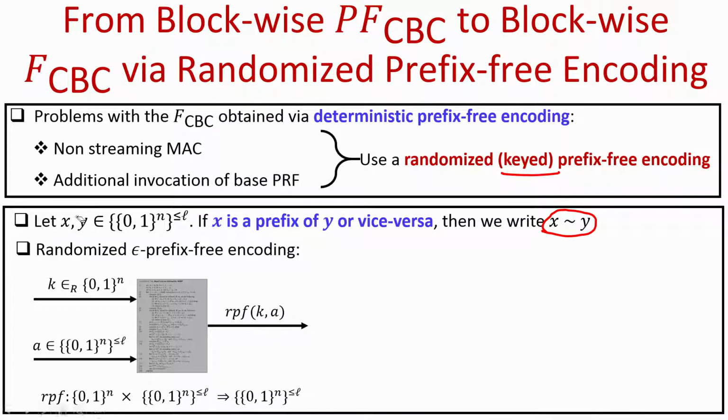Now we introduce the definition of what we call a randomized epsilon prefix-free encoding, where epsilon is some parameter.